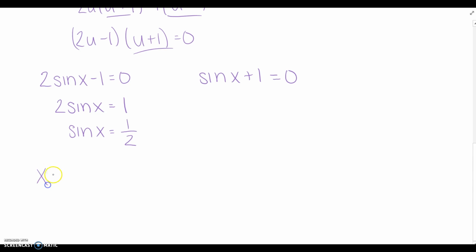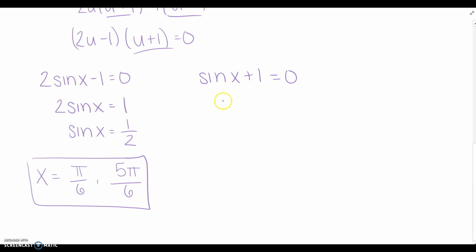So our angle will give us the sine value 1/2 at pi over 6 and 5 pi over 6. Right? When is our y value 1/2? So pi over 6 and 5 pi over 6, and that's part of our answer.